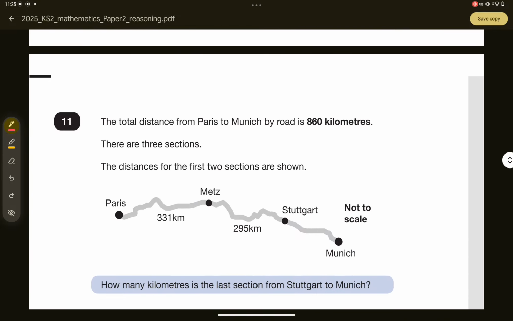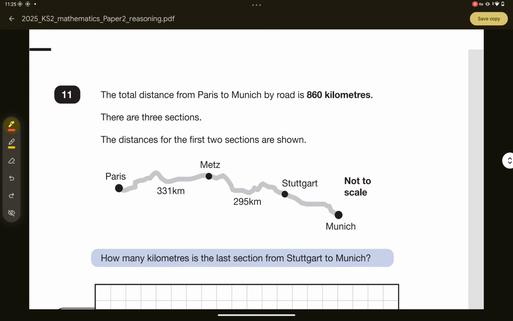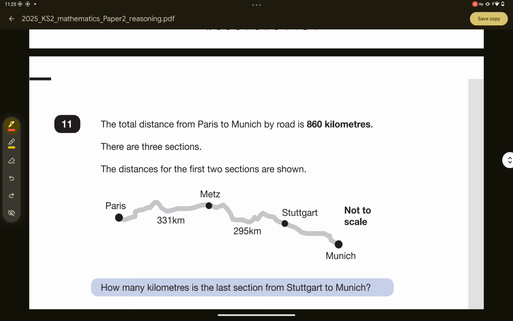So the total distance from Paris to Munich by road is 860 kilometers. There are 3 sections. The distances for the first 2 sections are shown. 331 between Paris and Metz and Stuttgart is 295, and then Stuttgart to Munich we need to work out.